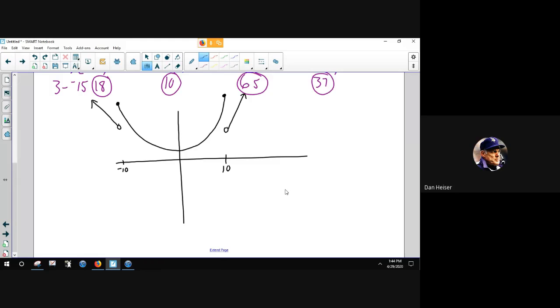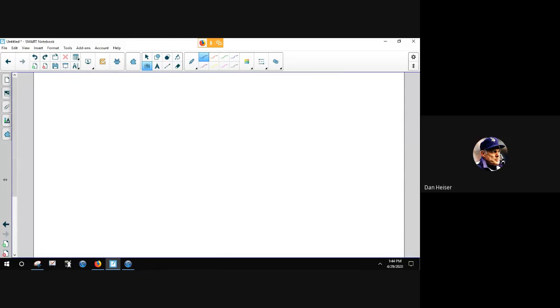You might be asking yourself, where in the heck are piecewise functions relevant? Well, here's an example. If you've ever been to the post office, you have seen piecewise functions.